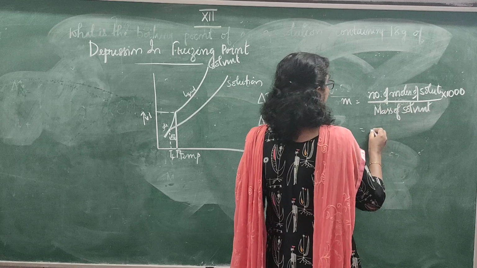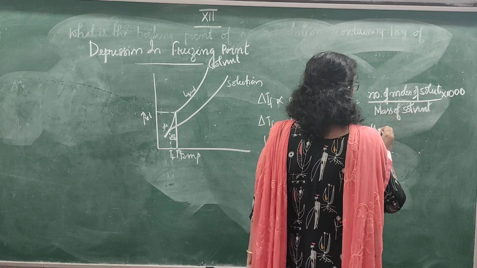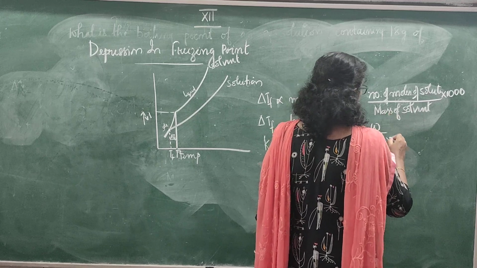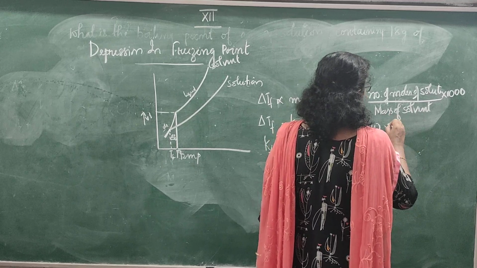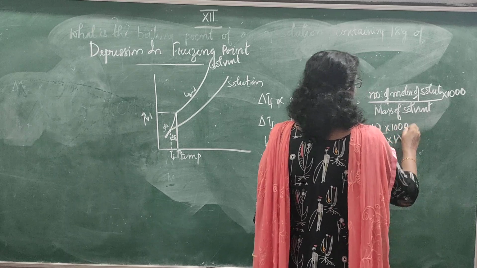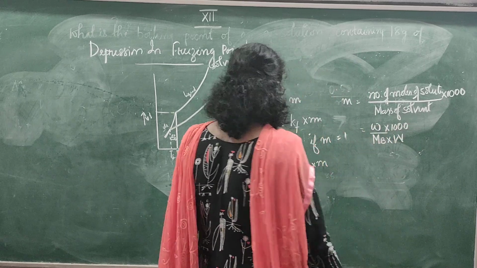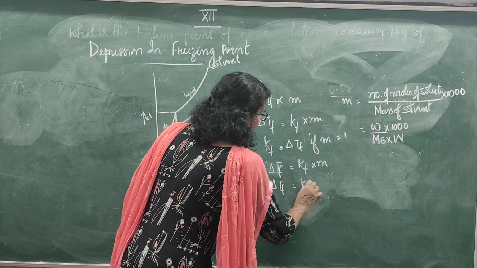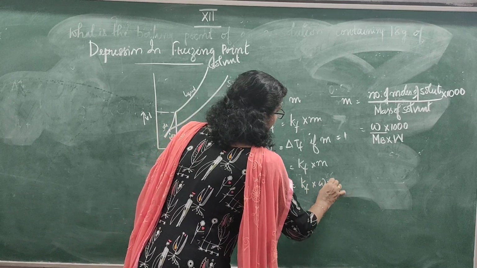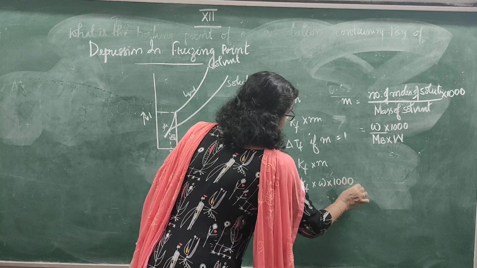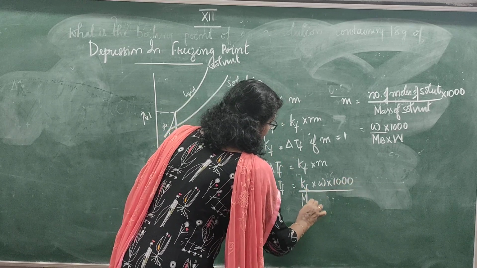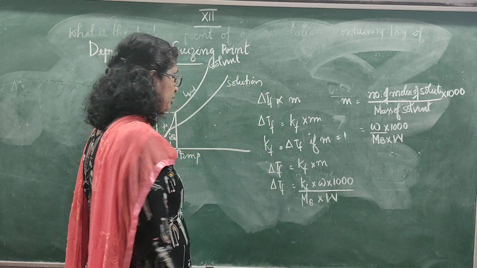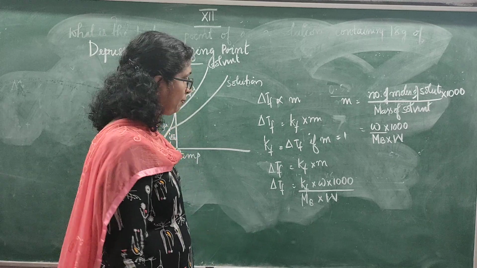How will you find out the number of moles of solute? Small w, mass of solute, by its molar mass. Then mass of solvent, we will take it as capital W, into 1000 will give you the molality. So this is the expression for molality. So delta Tf is equal to Kf into small w into 1000 divided by molar mass of the solute Mb into capital W. This is the expression for the depression in freezing point.